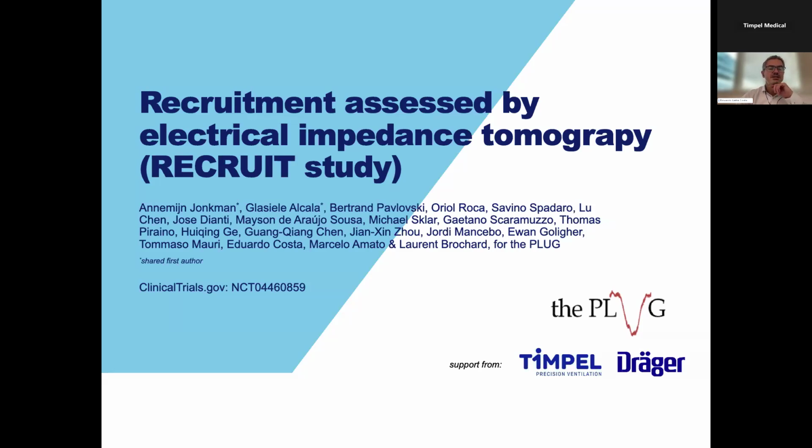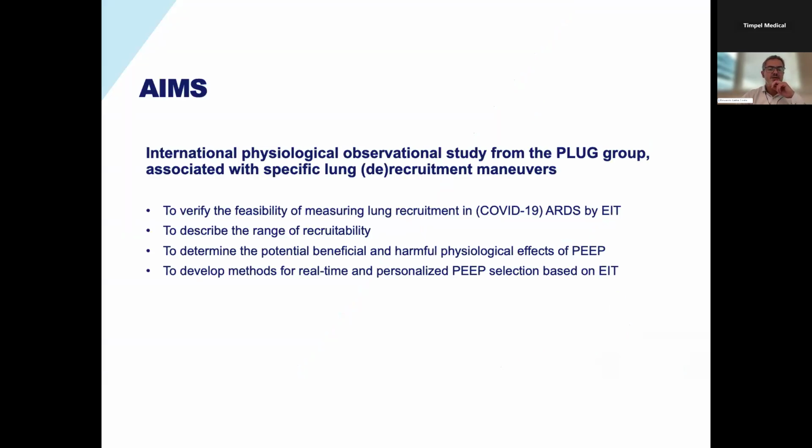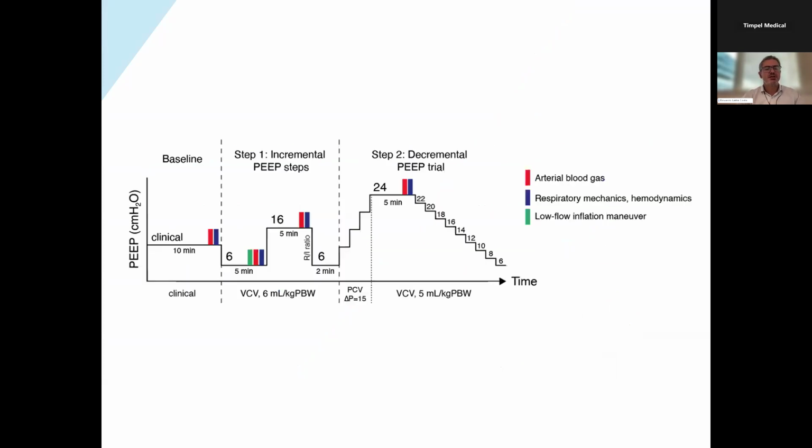So the recruitment study included over 100 patients with respiratory failure. And this is part of the study in patients with COVID. And the idea was to be able to estimate the amount of recruitable lung tissue using EIT.